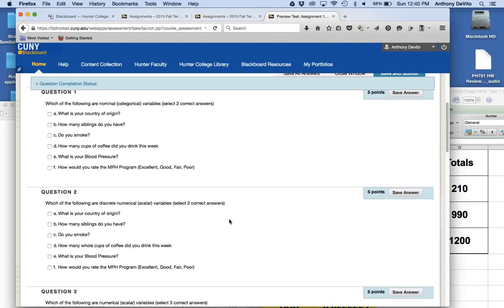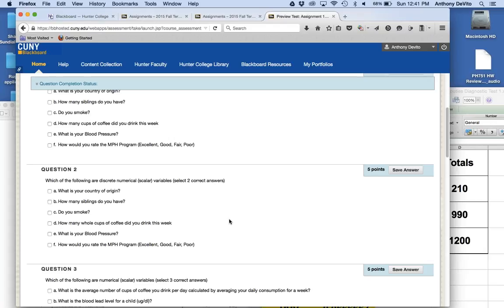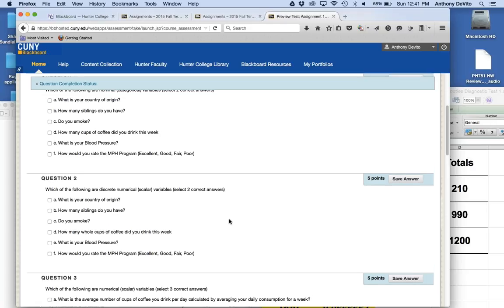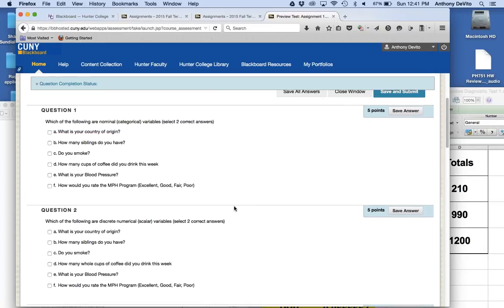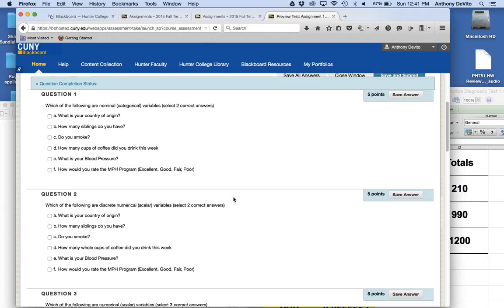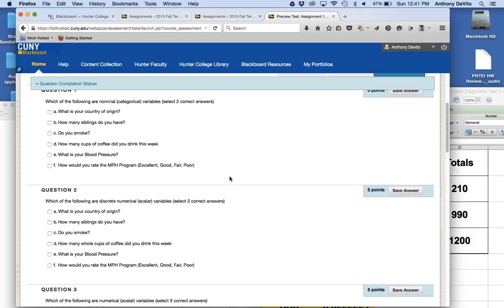The first couple of questions had to do with data types, and basically we're looking at 3 primary data types: nominal or categorical. You could describe it either way. Numerical, a number, a value or a number on a scale. Sometimes people break that up into 2 groups, a scalar, like a number on a scale, or sometimes they call it interval numerical.